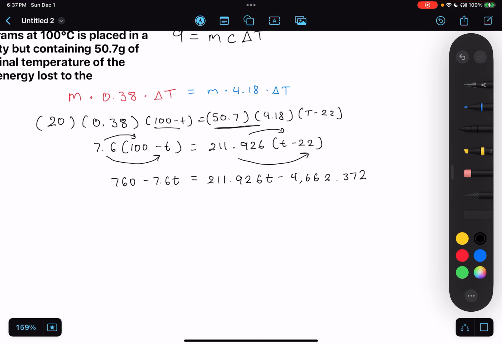Now, what can I do with these? Right away, I can go from this t to coming to this side, and this number switching over to this side. All right.